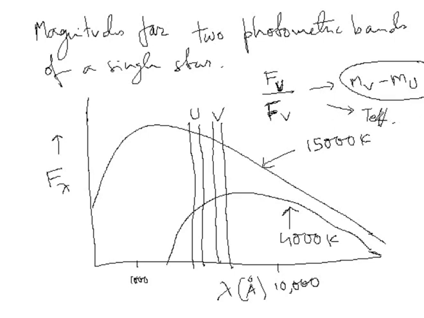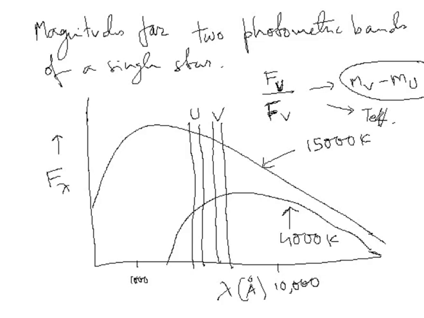But let me not now talk about the corrections. So you see, it is the effective surface temperature T effective which determines where the peak of the spectrum will be, and thereby determines the color of the star.